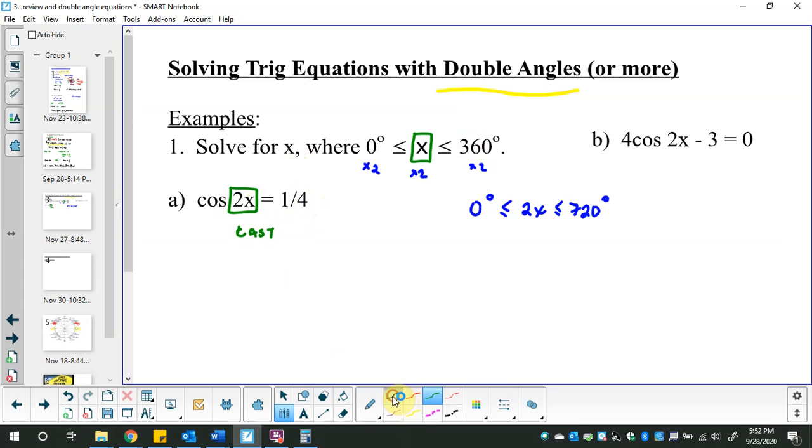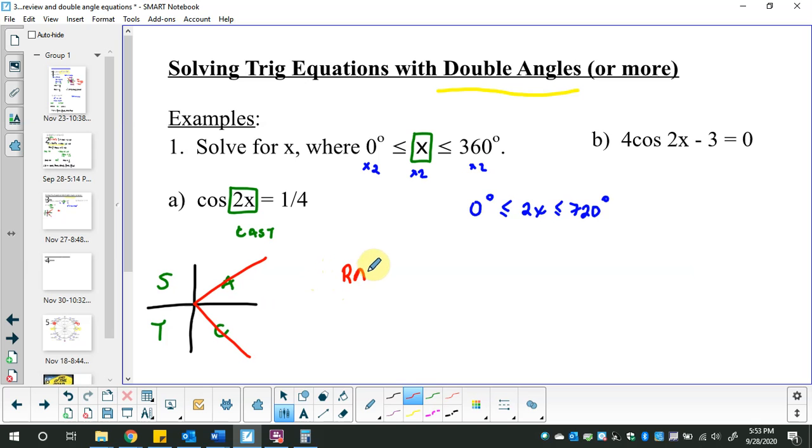So I'm going to dig out the cast rule here. So C, A, S, T. And just like normal, you figure out where cos is allowed to have a positive ratio. So that would be in the all positive and in the cos positive. And then you keep going like normal.